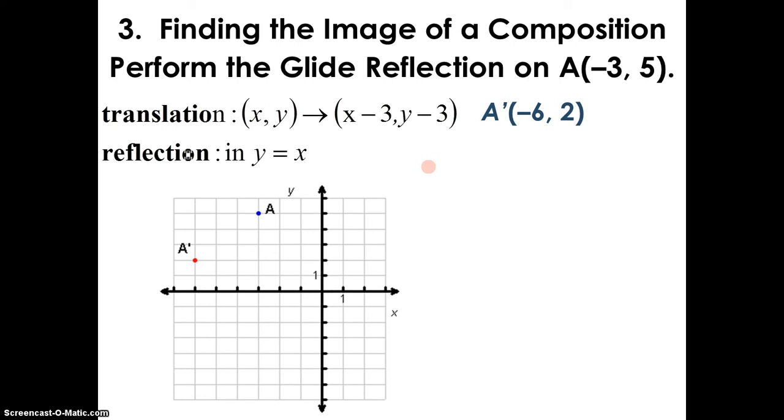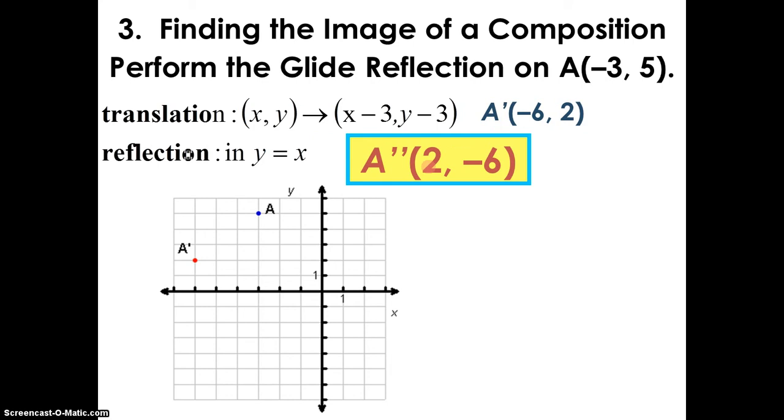Basically all we did is plug x and y into the translation, and that is the values that we came up with. Then we're going to reflect it over y equals x. Now we know that A prime is -6, 2. If we reflect it over y equals x, that means we switch the two values, and so we would get 2, -6. And that is the ordered pair, that is the point plotted.